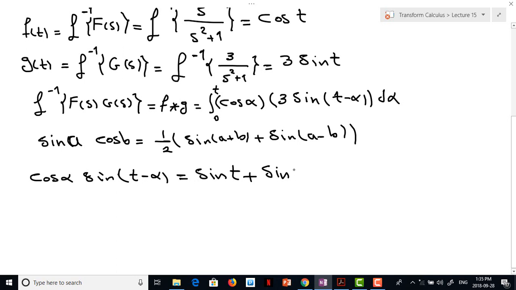So it's going to be 2 alpha minus t, and it's divided by 2.